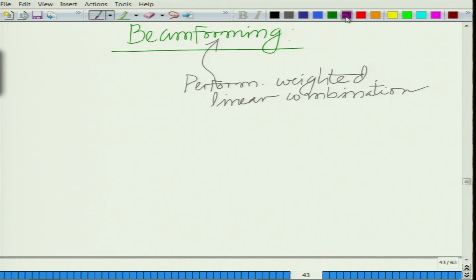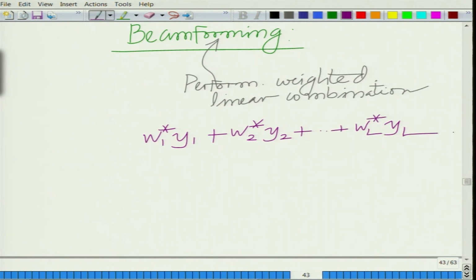That is, we have W1 conjugate y1 plus W2 conjugate y2 plus so on, WL conjugate yL. So, this is your weighted linear combination.